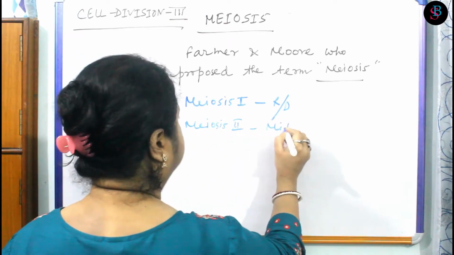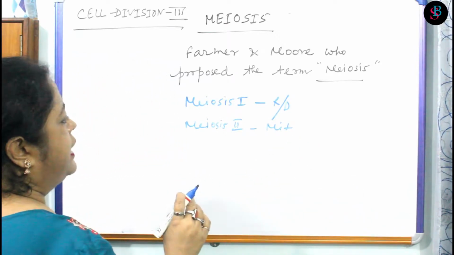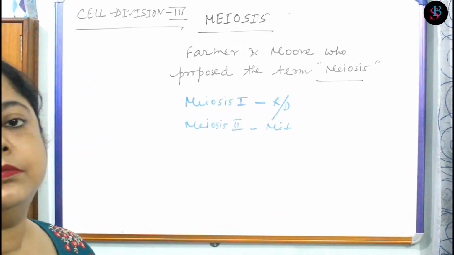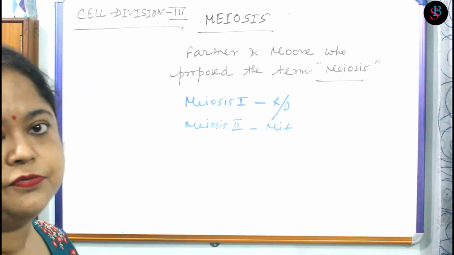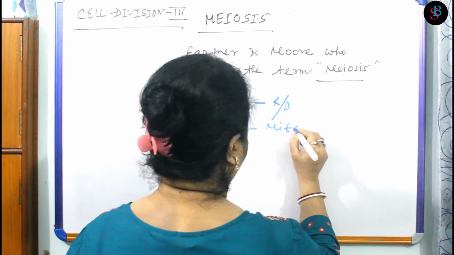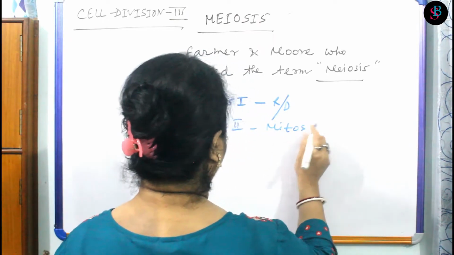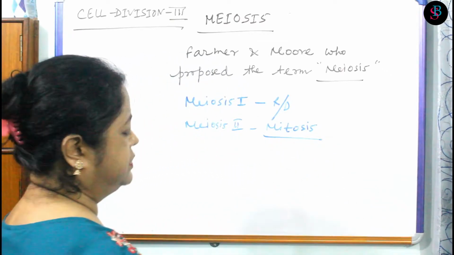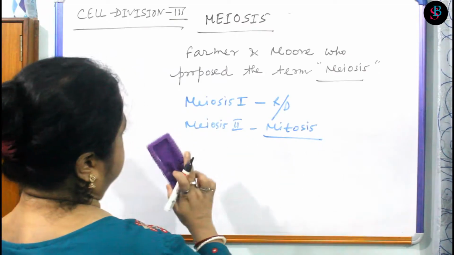About mitosis I have already given the detailed description in my last video. I think you have observed it. Just like mitosis, it's the equational division. And now I am going to meiosis 1.